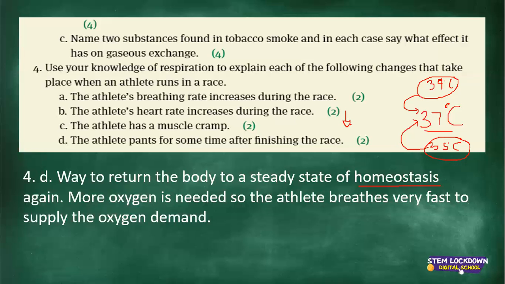Then the medulla oblongata, through chemoreceptors, is sensitive to that change. And then it will ensure that your breathing rate increases and your heart beats faster, pumps blood faster, so that you are able to take in more oxygen. That's why as you are panting, you are breathing faster, you are getting in more oxygen and releasing more carbon dioxide to bring your body back to balanced and normal optimum levels. That is why you would pant like that.